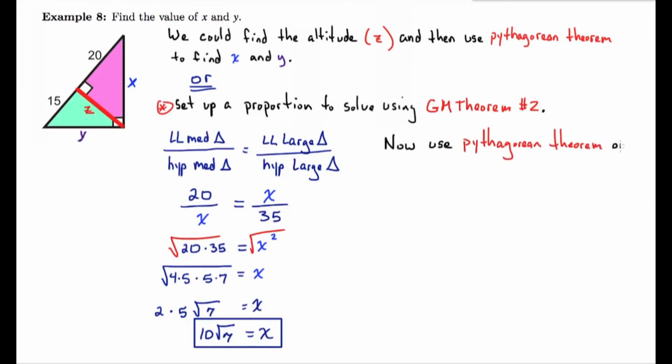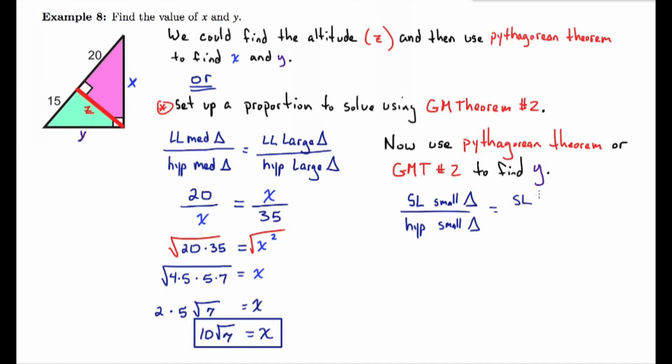Now I could use the Pythagorean theorem to find y because I've got the leg and the hypotenuse in the large triangle. But I'm going to use geometric mean theorem number 2 to find y, just because it's something that we're not used to doing.